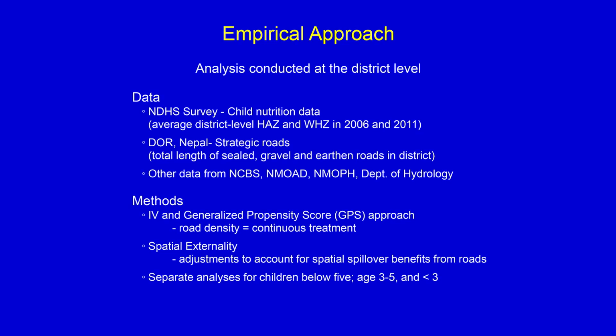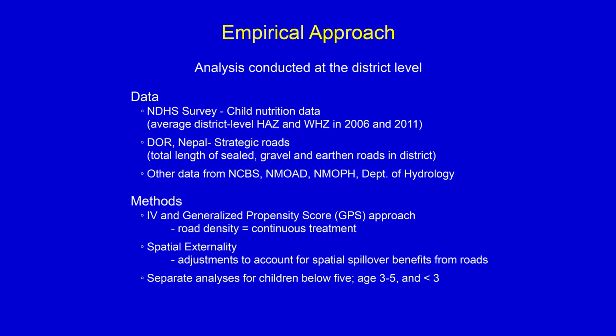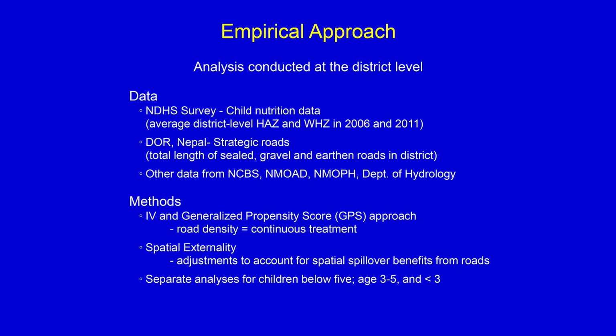And we know that if one district has very rich infrastructure, this is likely to influence child nutrition outcomes not only in their own district, but also in neighboring districts. That's called the spatial externality effect, so our study also estimated the spatial externality effects.